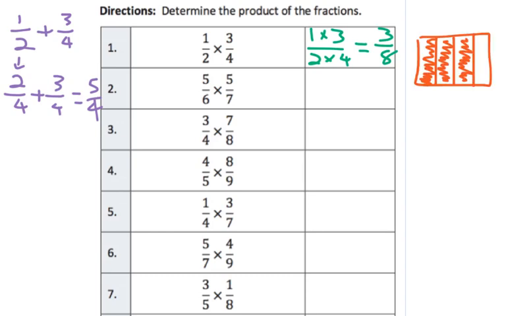So what 1/2 times 3/4 means is 1/2 of 3/4. So if we have 3/4 here, the 3/4 would be what's shaded, and then we want to take half of what's shaded. We would be taking this, this, and this. Right?